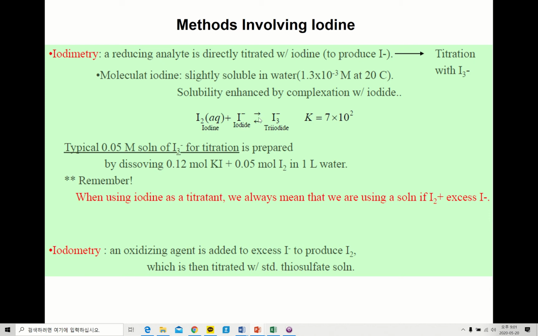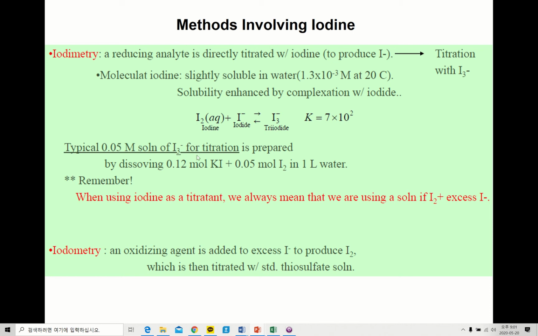So actually iodide has no other role, except increasing the solubility. So writing iodine or writing triiodide doesn't matter. They are exactly the same.